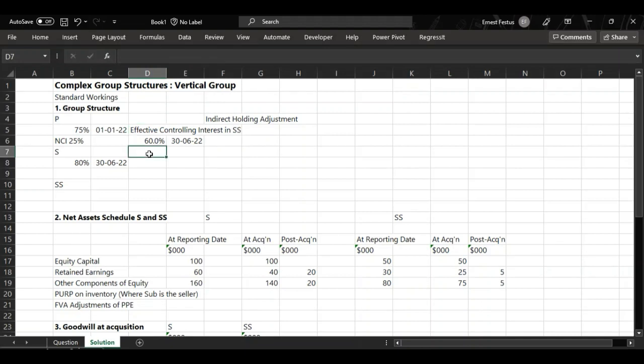Then the effective non-controlling interest in SS will therefore be 40%.